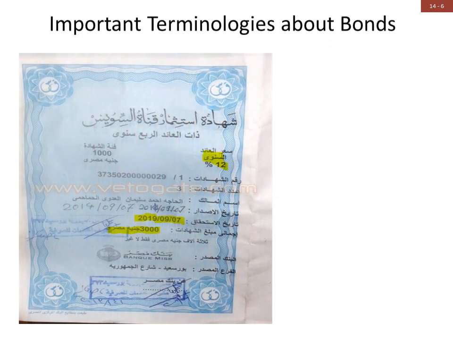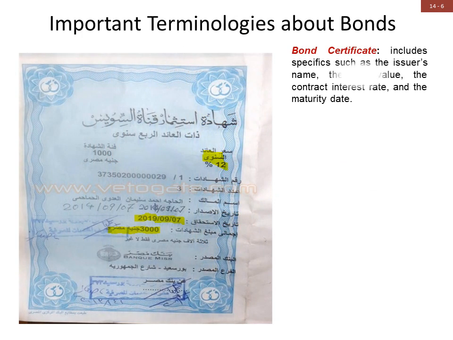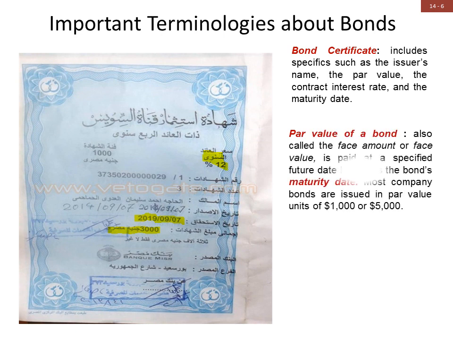So, let's start now by defining what bonds are and discussing some related terminologies in order to understand what we mean by bonds. If we are talking about a large company that needs a large amount of money to finance its operations, how can it borrow money?